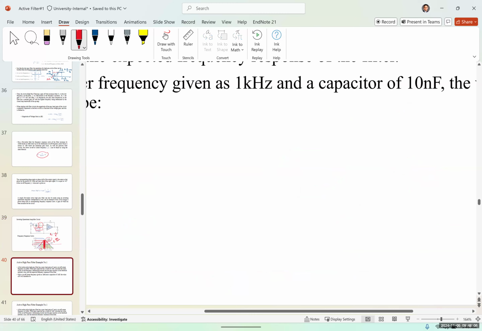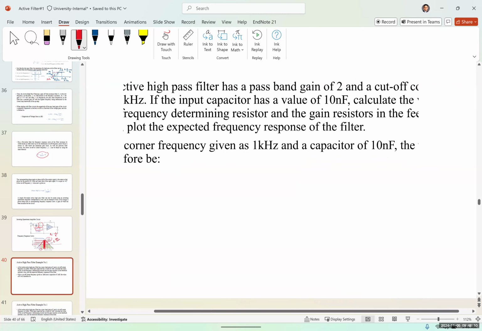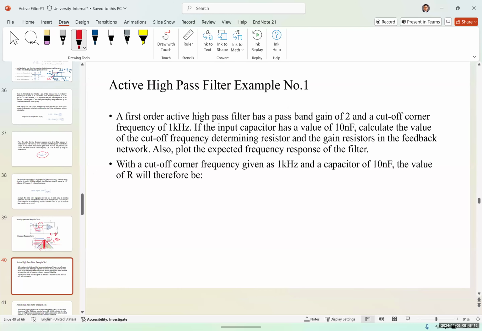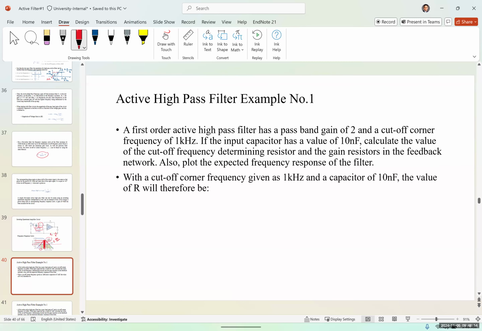Now, let's solve an example. I'll give you, let's say, 7 minutes to solve this. It's an active high-pass filter, has a pass band gain of 2 and a cutoff corner frequency of 1 kilohertz.